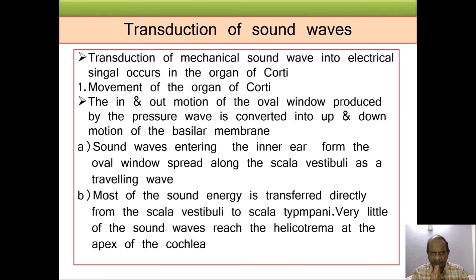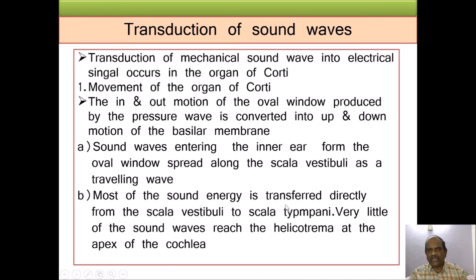Now the movement of the organ of Corti, that is, the in and out motion of the oval window produced by the pressure wave, is converted into up and down motion of the basilar membrane, that we know. Sound waves entering the inner ear from the oval window spread along the scala vestibuli as a traveling wave.